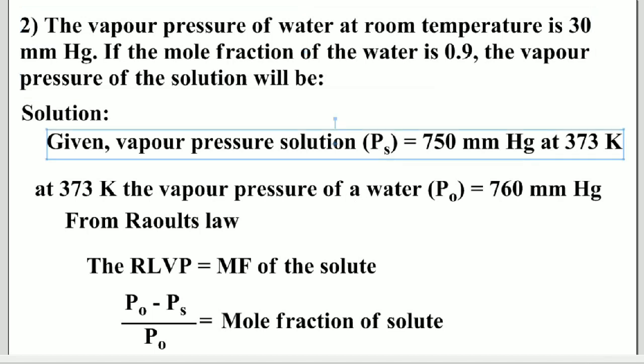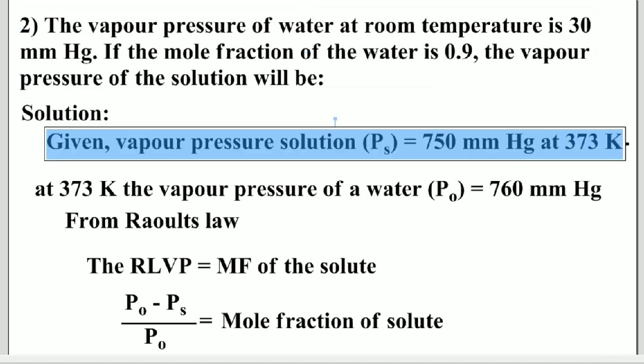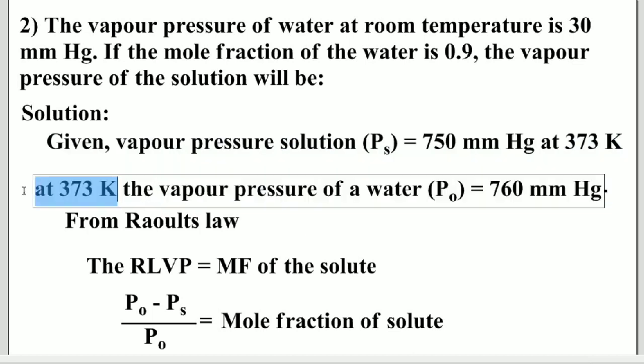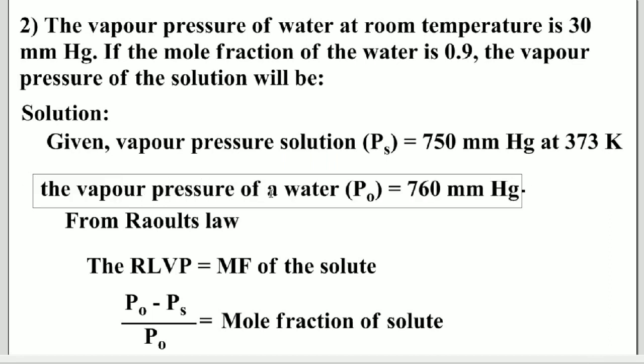So we can write vapor pressure of pure solvent. So given that the vapor pressure of the water, or pure water, P naught is given as 30 mm of Hg.